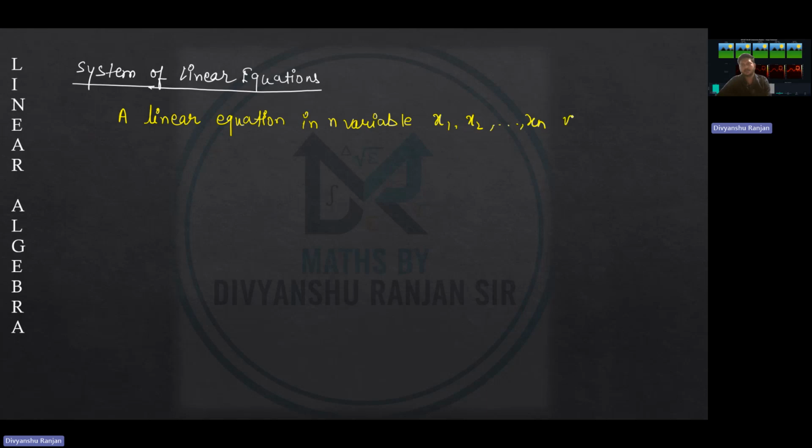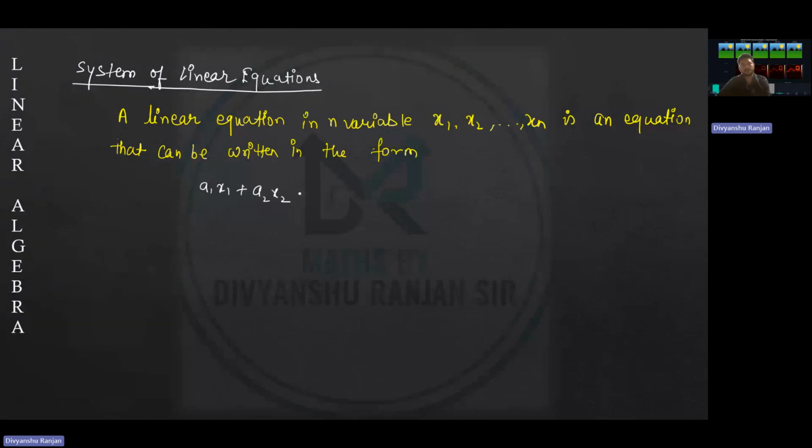is an equation that can be written in this form: a1 x1 plus a2 x2 plus dot dot dot plus an xn is equal to b.